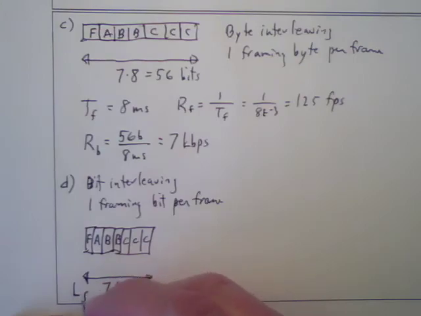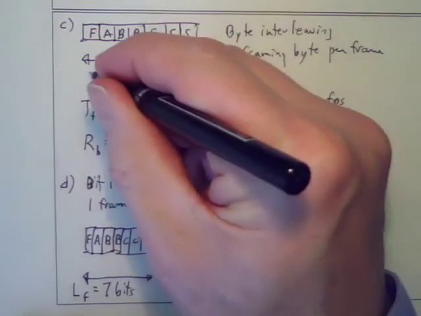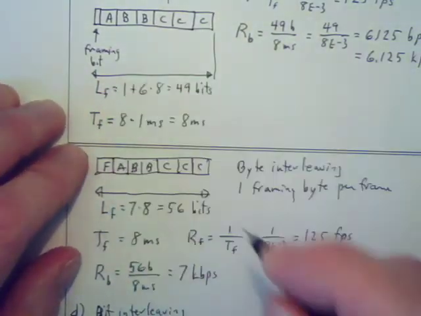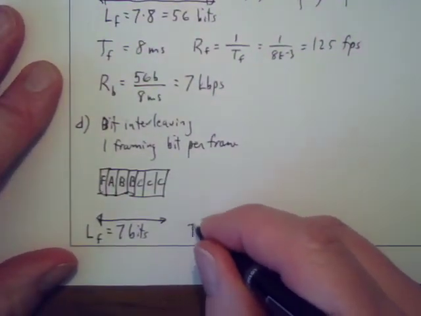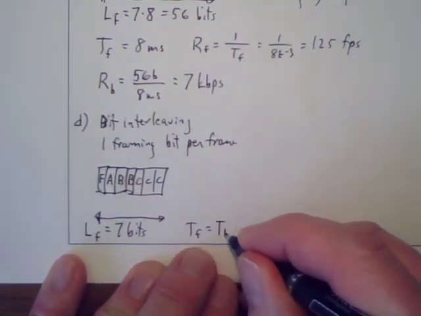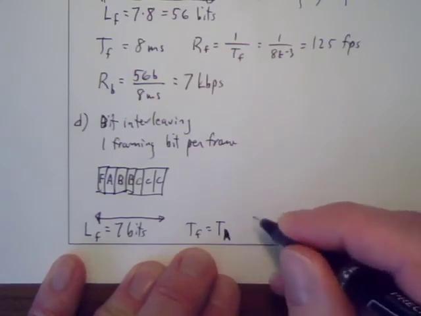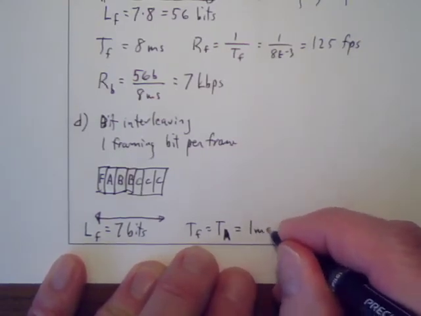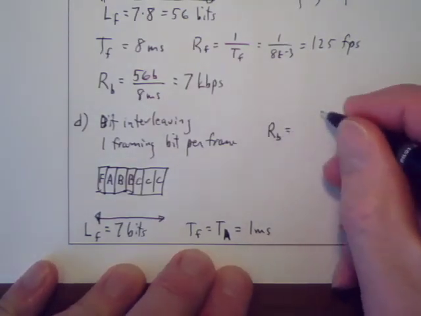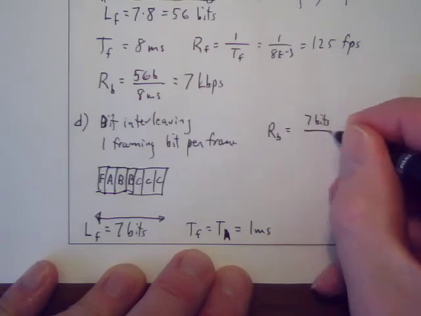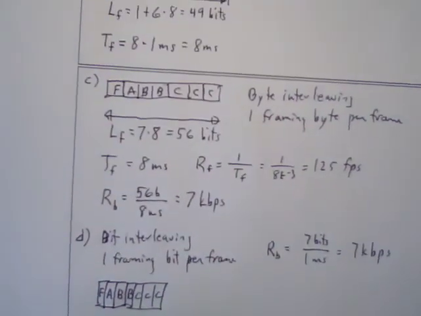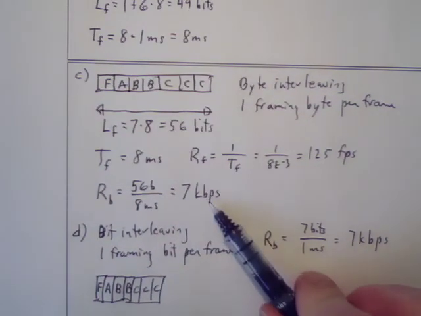The time for a frame is the time it takes for 1 bit from A, TA as we called it before, which is 1 millisecond. So our bit rate is 7 bits per 1 millisecond, which is 7 kilobits per second, just like part C. Why is that?